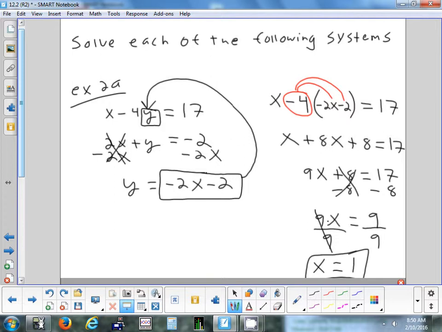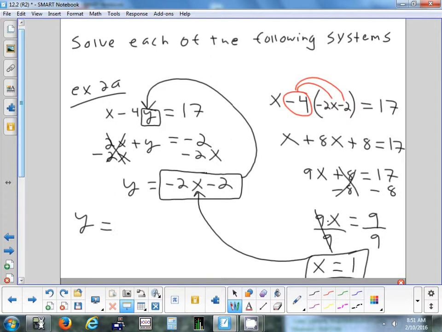So you just have to be very careful when you do substitution. When I plug it back in, notice I'm plugging it back into the equation that already has a letter by itself. Don't plug it back into the original problem. Plug it back into the equation that you got a letter by itself. Okay, that's going to make it just arithmetic.